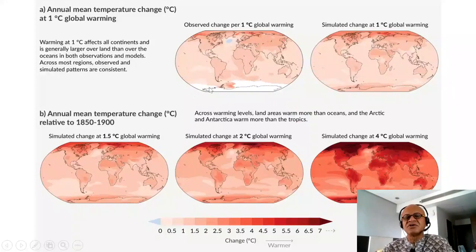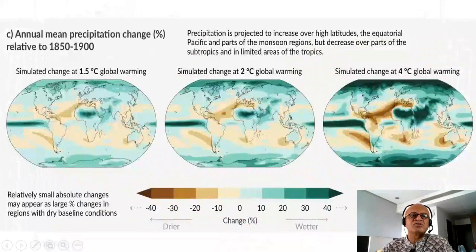You can see that there is either no data or it's hard to see a polar amplification despite this amplified warming here. Okay, so at least the models say that with increased warming, the polar amplification over Antarctica will also begin to manifest itself.